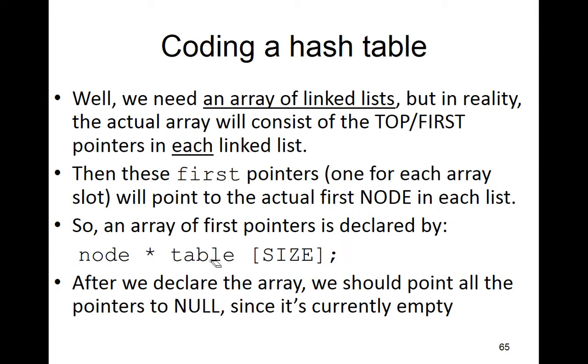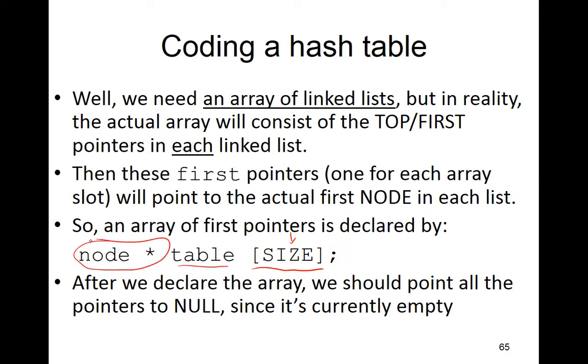But what is it actually? First of all, it's an array. I know it's been a little while, but the brackets tell us this is an array. Size is whatever the size of the array is, however many rows you want. So it's an array called table, but it's an array of what?